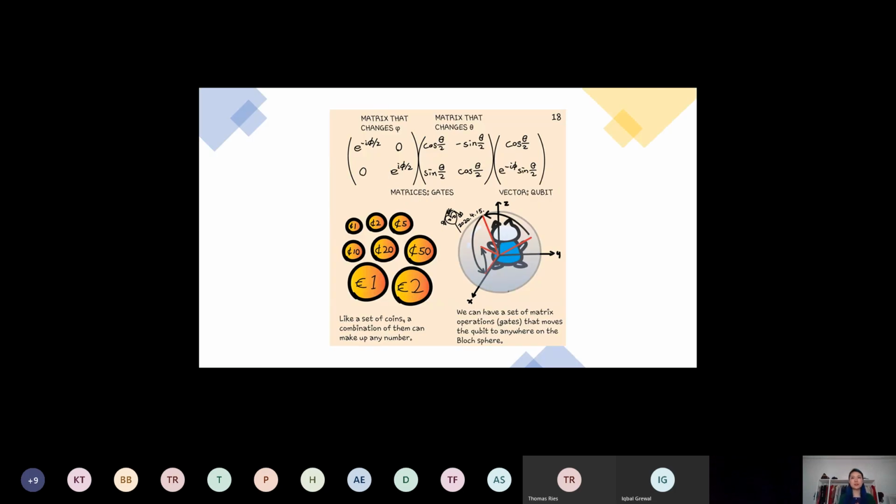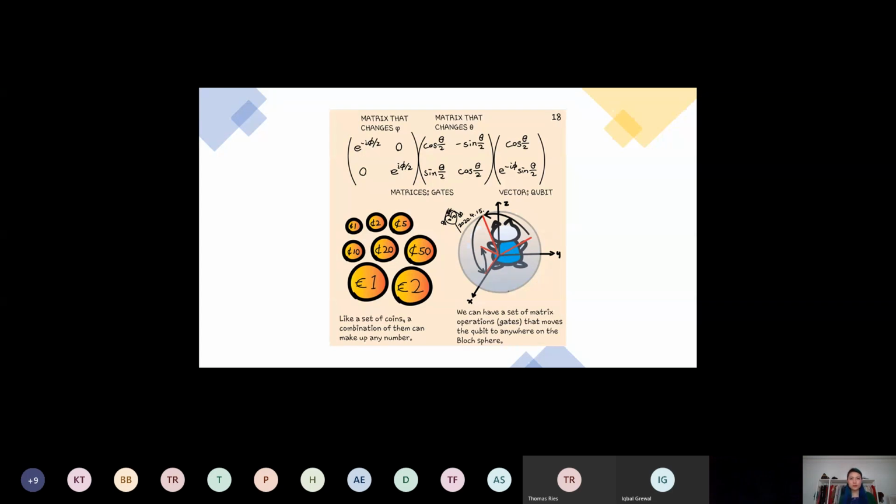It's also a bit like the set of coins, again, using coins as metaphors. Here, the theta and phi can be really any number to have the point anywhere on this sphere. So then you get infinite possibilities. But for convenience of computing, we want to have a set of gates that will put the qubit in some specific places.